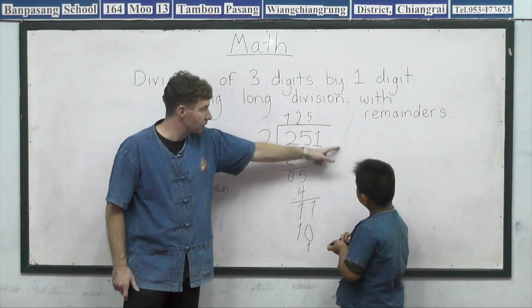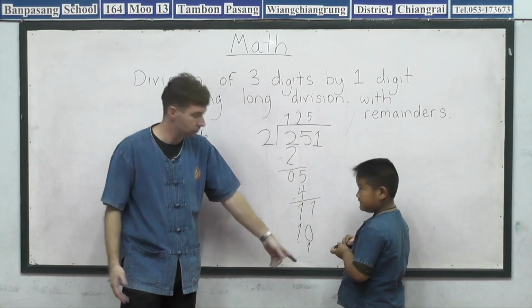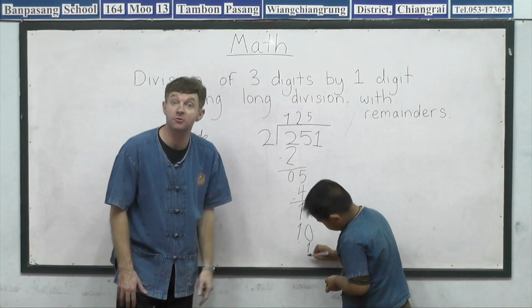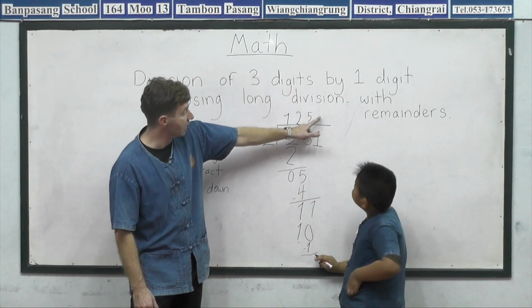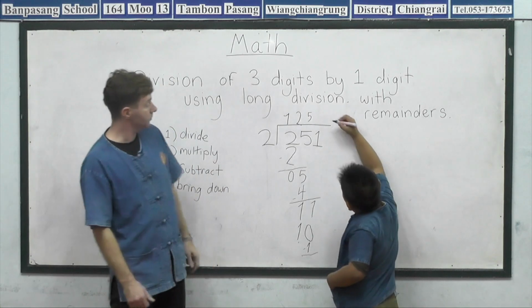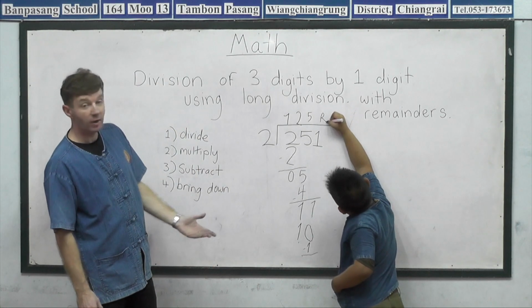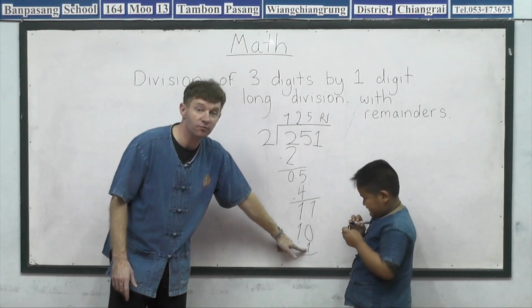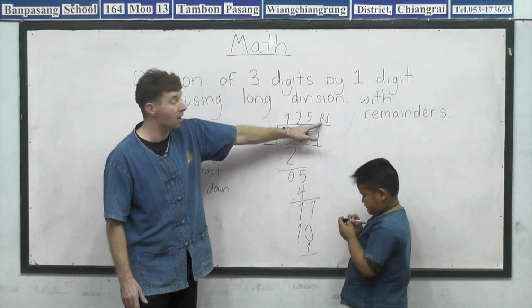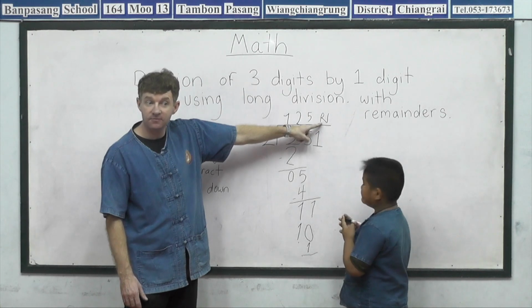Do we have another column that we can work from? No. So 1 becomes our remainder. So now we have to write R1. We've worked out our problem, and at the end we have 1 left over. So 1 becomes our remainder.